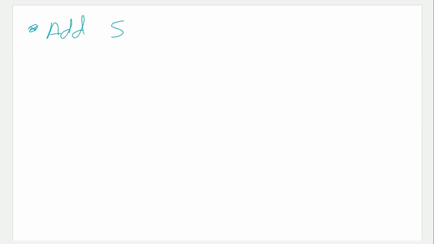Add 5 to the following term. The key point here is just to add 5. That's the most important thing that you need to point out. Add 5 to the following term. Or to get the next term of the sequence, you add 5. So that's how you describe the sequence in words.